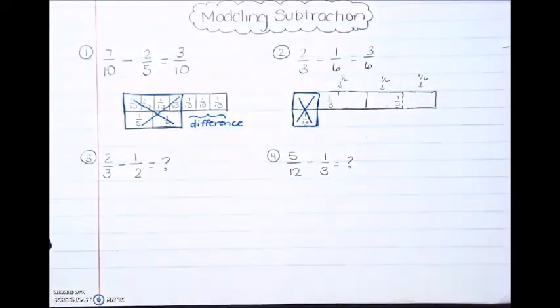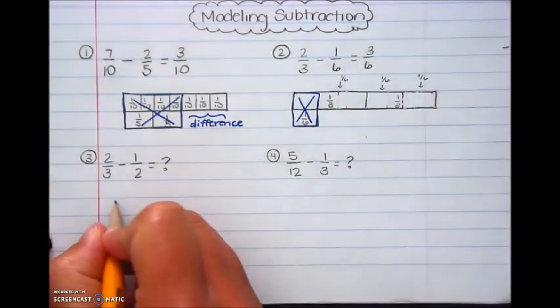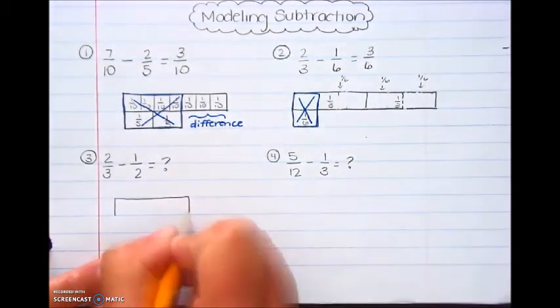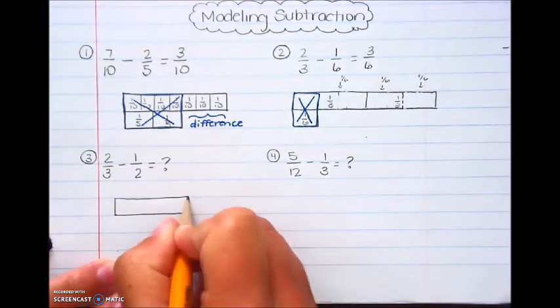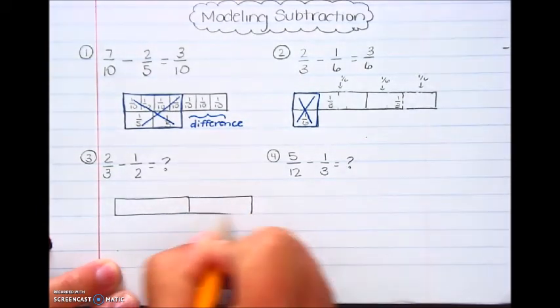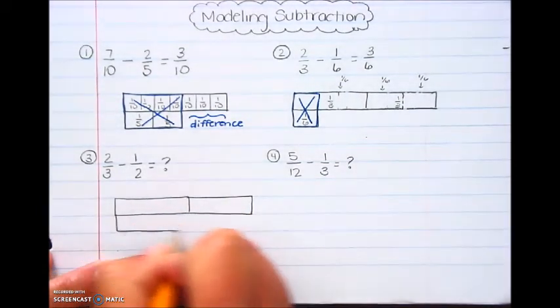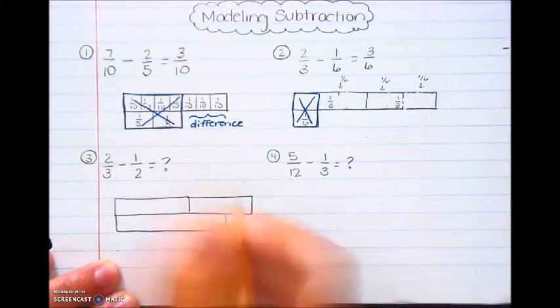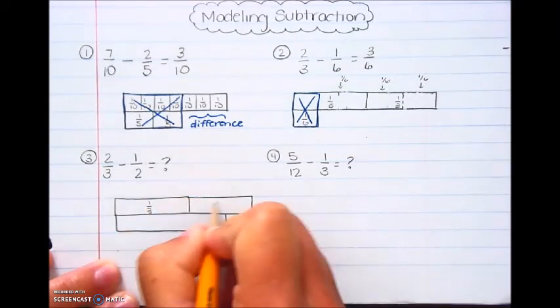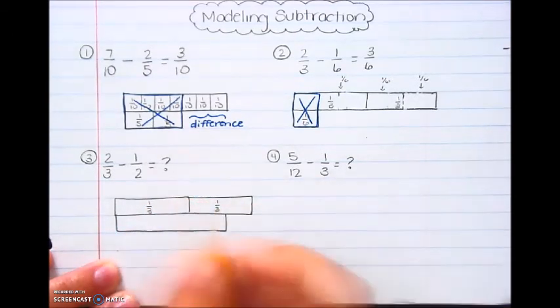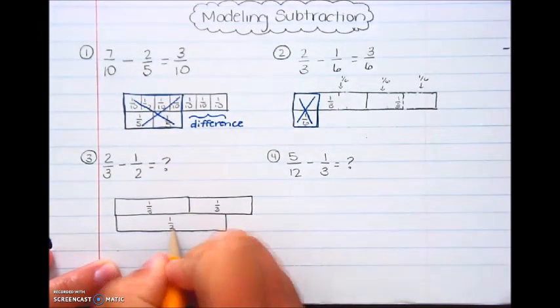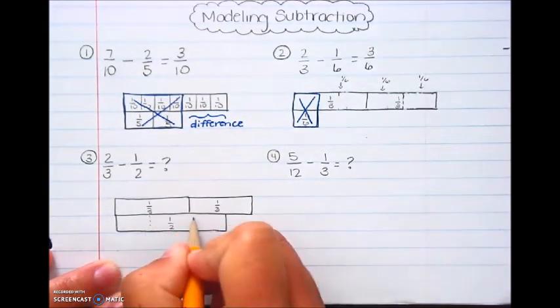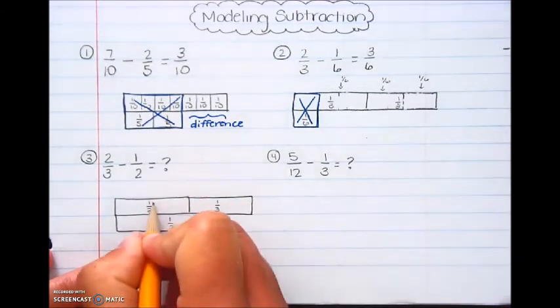So let's draw that model out. So I had 2/3, 1/3 here, 1/3 here, minus 1/2. 1/3, 1/3, and then 1/2. I know this was split into 6 pieces.